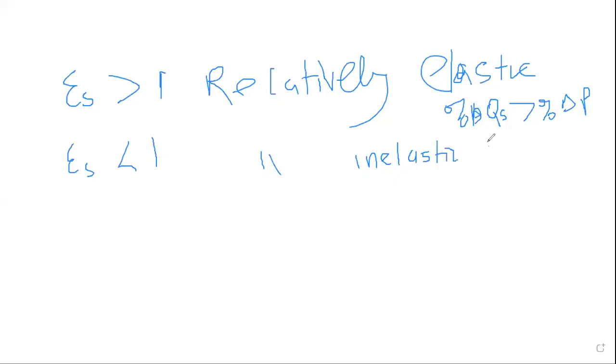Now in this case, it means that the percentage change in supply is lower than the percentage change in price. Then we can also have it to be unitary, equal to 1. Of course, this will be unitary elastic.